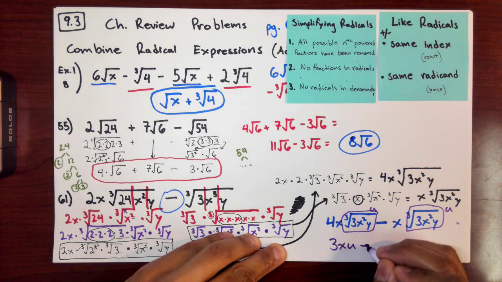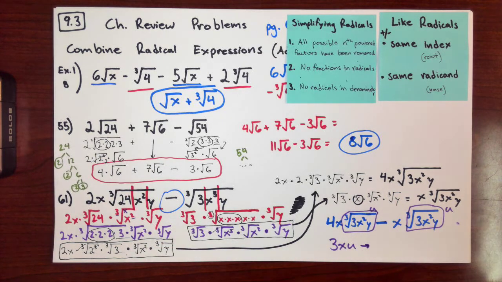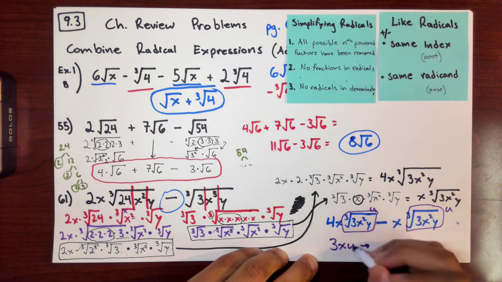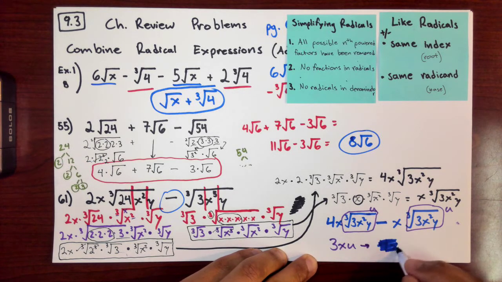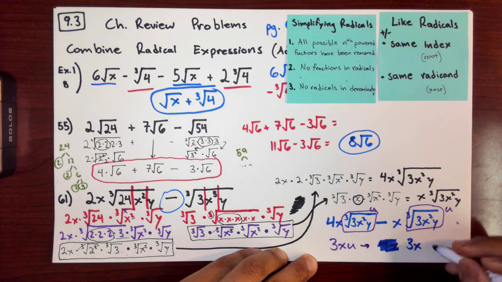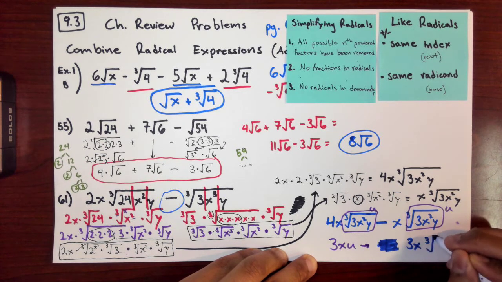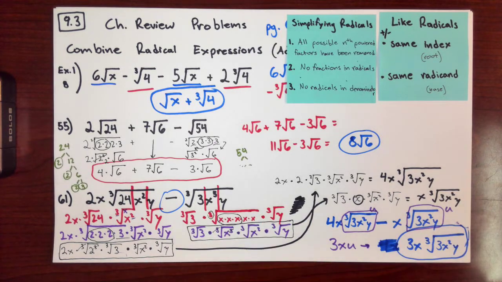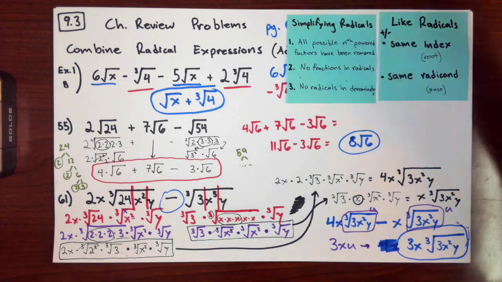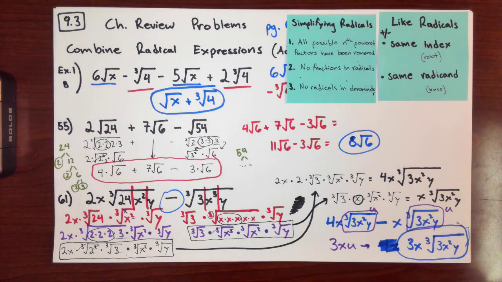But remember that the u actually stands for something else. So our final answer, we're going to plug that in. You have 3x, and then the cube root of whatever was in the radical, which is 3x squared y. And then this is your final answer. Okay, pretty messy. I'm so sorry about that, but this is the first part of 9.3.